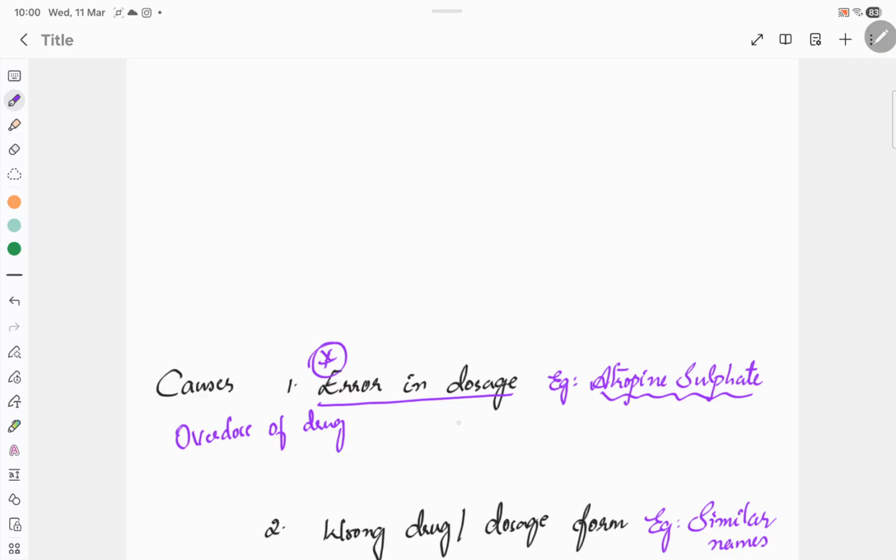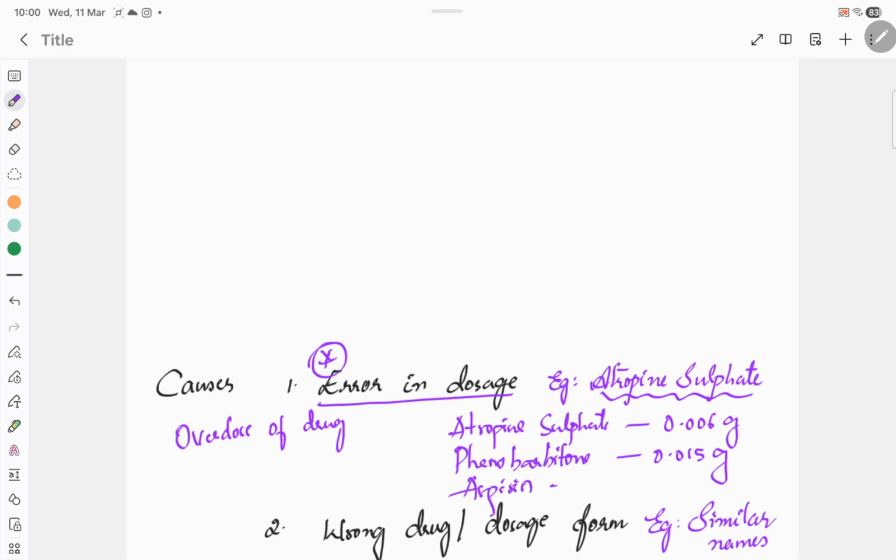for correction. For example, in a prescription that the pharmacist has received, the prescription is given as atropine sulfate 0.006 grams, phenobarbital 0.015 grams, and aspirin 0.300 grams.